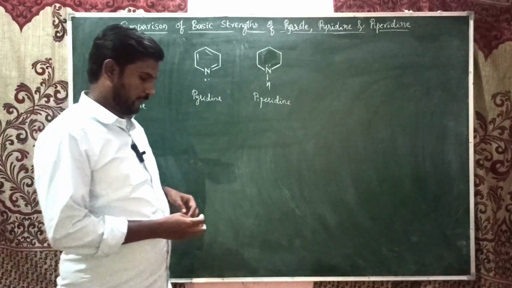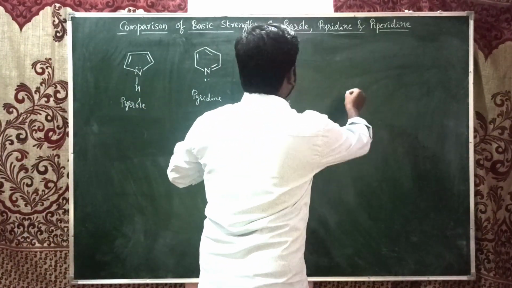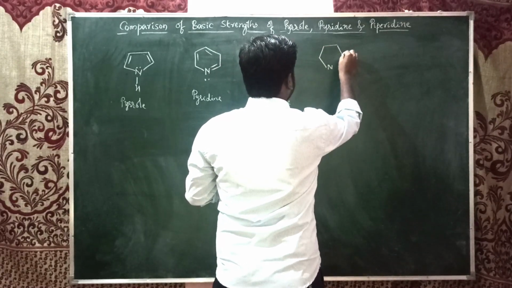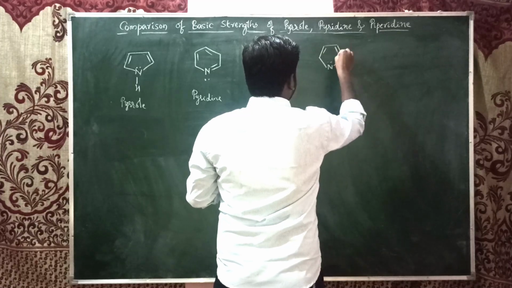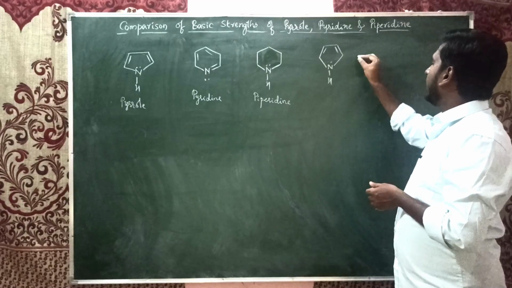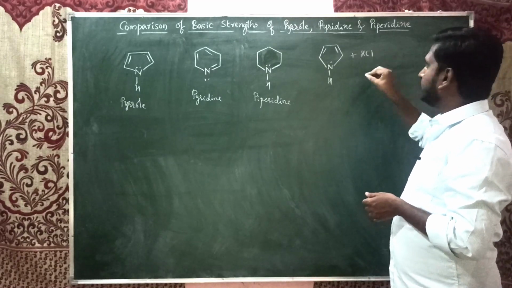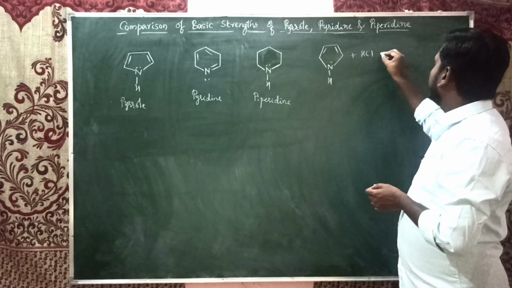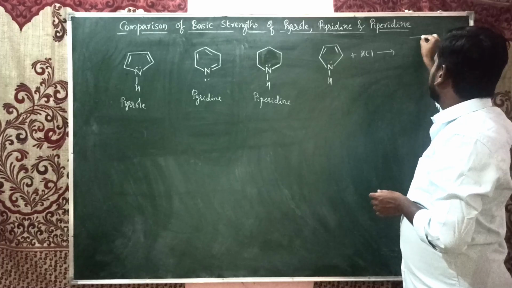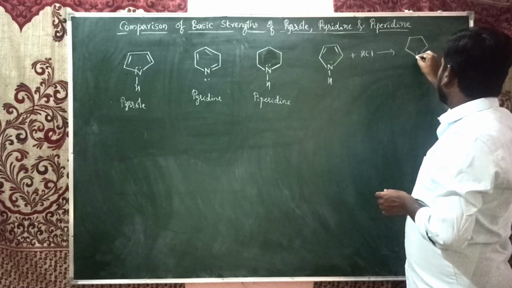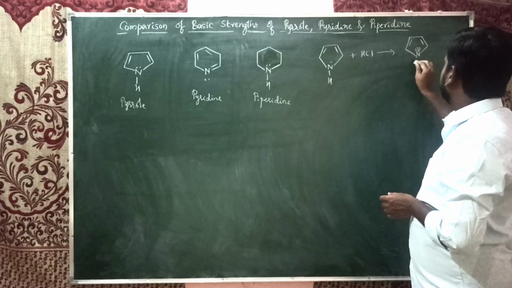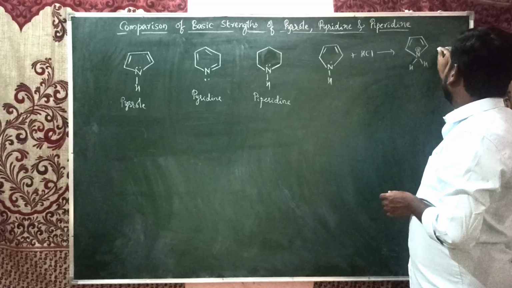First compound, pyrrole. Pyrrole is a 5-membered heterocyclic aromatic compound. When we add an acid like HCl, if it is able to accept this proton, it is going to form an N double bond plus H and HCl.